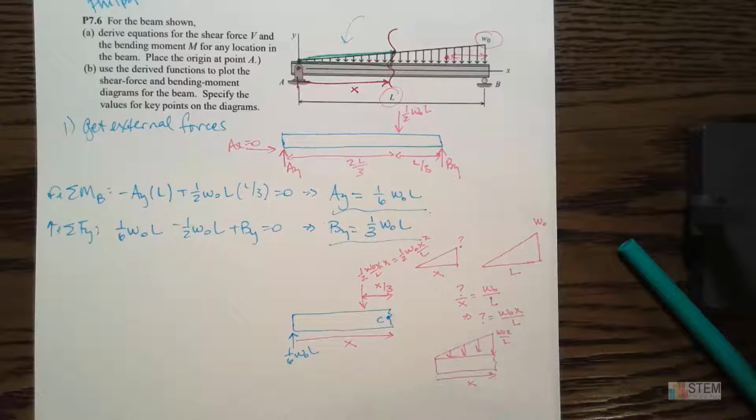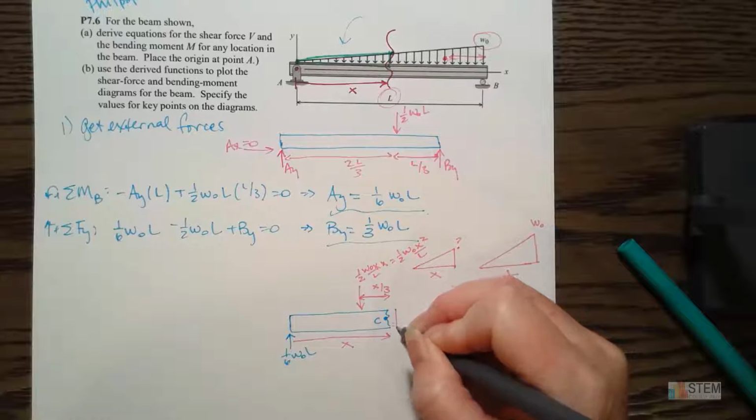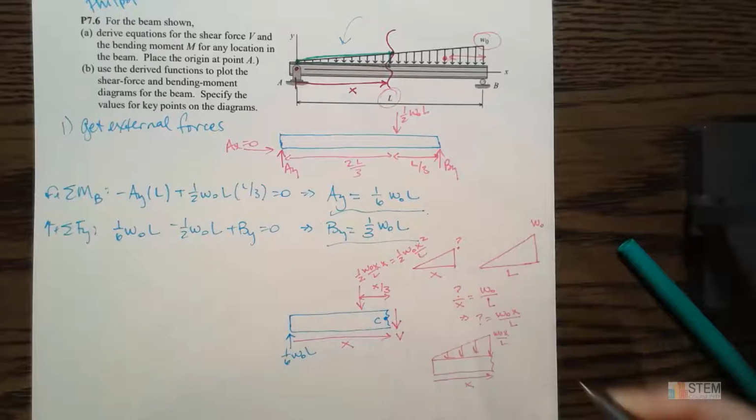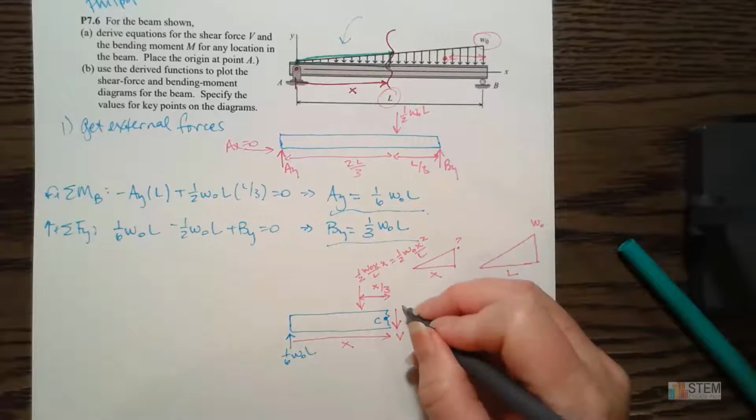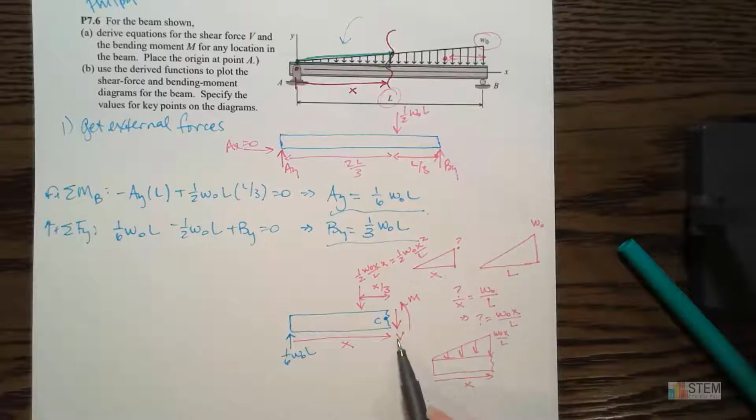All right. Now, those are the external forces. Now let's look internally. I got V. The sign convention we want to use is going down here. And then M will be counterclockwise. I chose those directions because the sign convention typically states you want your shear to make your section rotate clockwise.